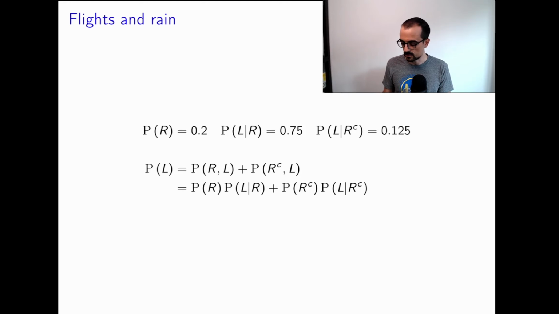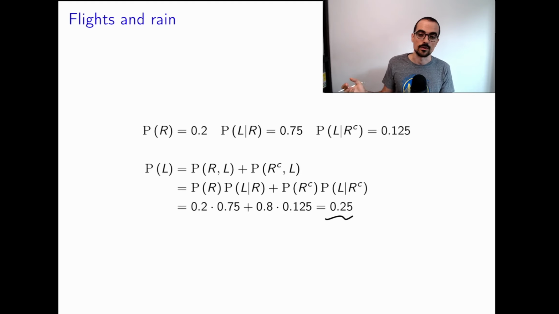And we do the same for the intersection between R complement and L. And now we just plug in the numbers and we get that the probability is 1/4 that the flight your aunt is taking will be late. Okay, so again, the law of total probability allows us to aggregate conditional probabilities to compute the probability of an event that we're interested in.